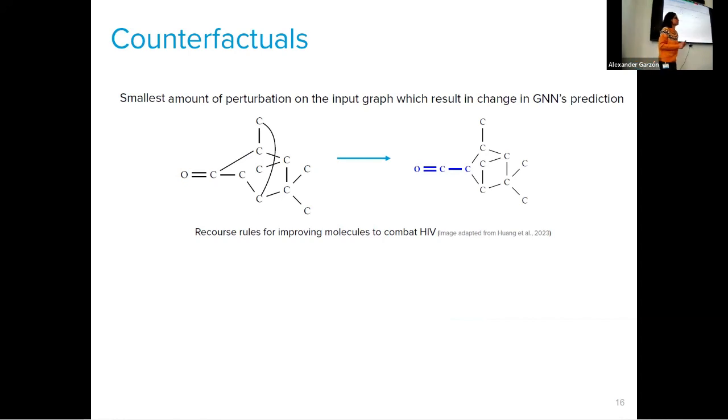People also understand attacks, but there you would want to change the graph so as to change the prediction to an unfavorable one. You want to destroy the model's learning. Here you want to give a recourse to the user. So these are also called actionable explanations, so that you can take some action on these explanations.